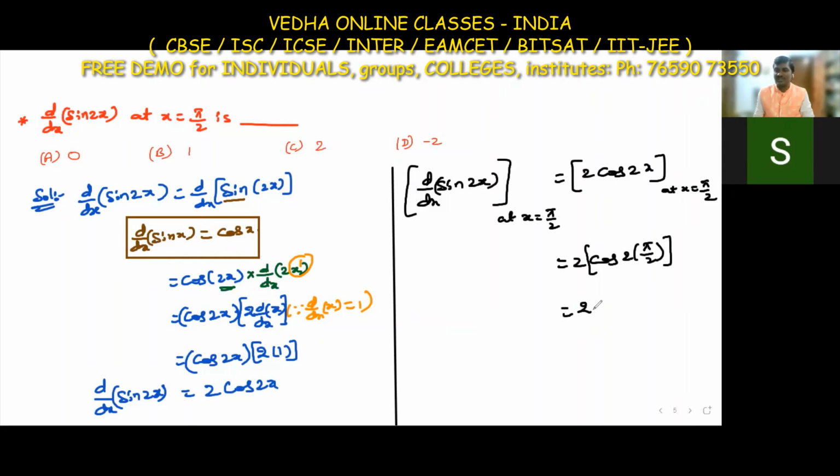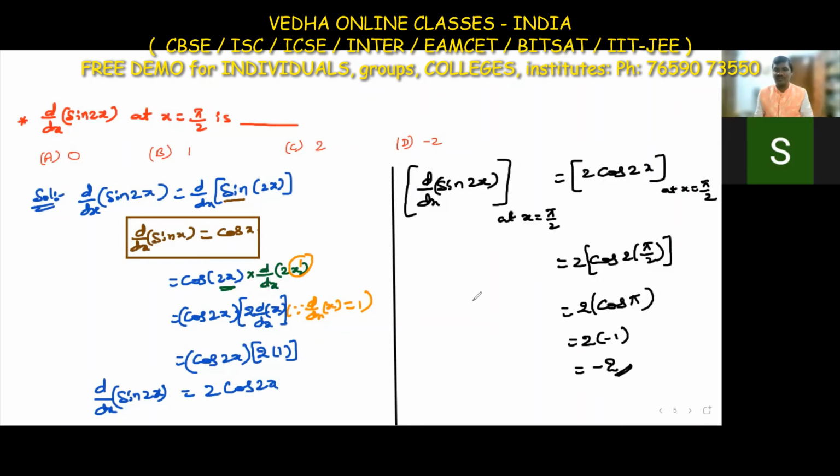So this equals 2 into cos of, the 2 and 2 get cancelled, cos pi. Cos 180 degrees. What is cos 180 degrees? Cos 180 degrees value is minus 1. So 2 into minus 1 is minus 2.